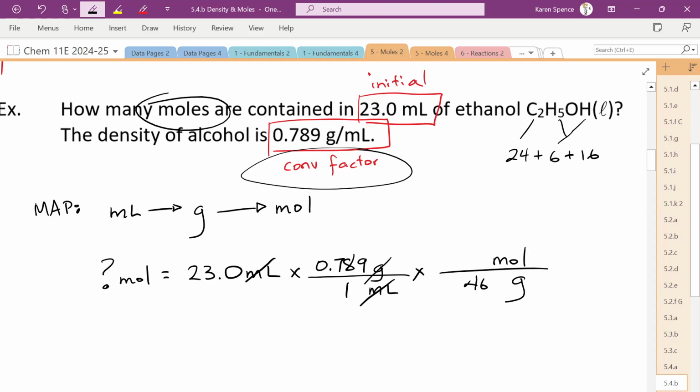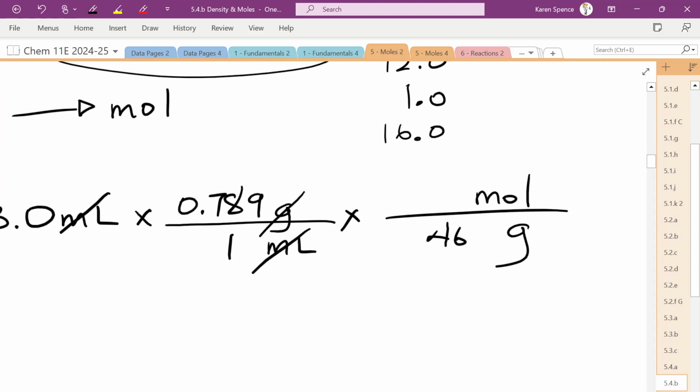Here's another one. Mass of carbon is 12.0. Mass of hydrogen is 1.0. Oxygen is 16.0. What do they all end in? They all end in 0.0. So would it be okay for me to write 46 grams? No, because remember, I'm adding them up, so I have to put a 0.0 there.